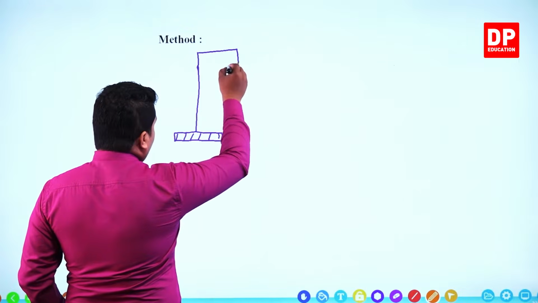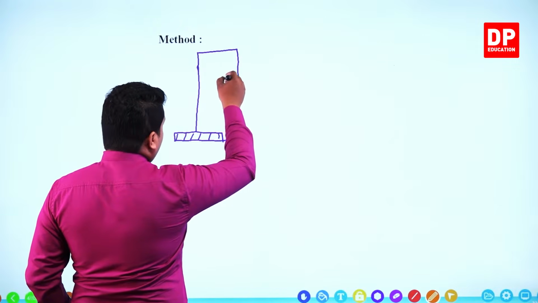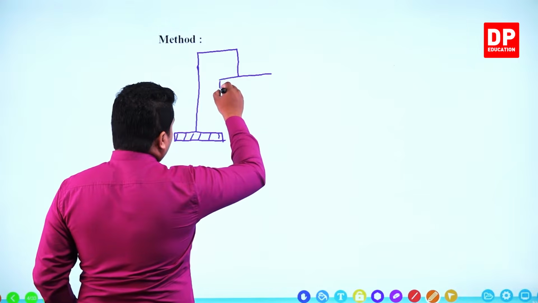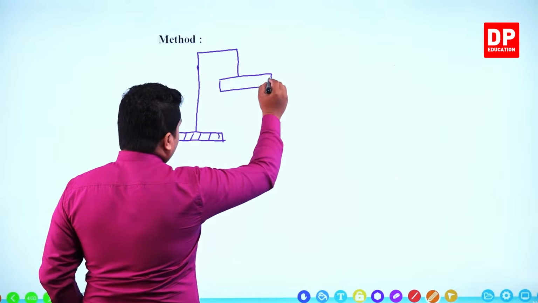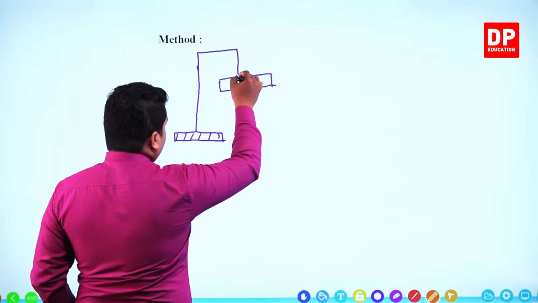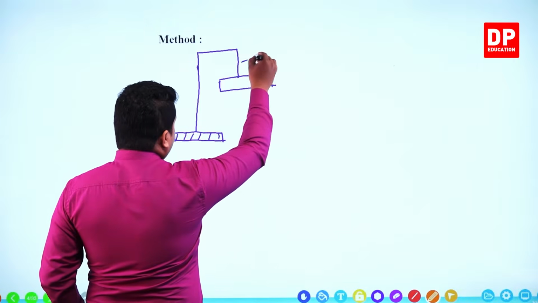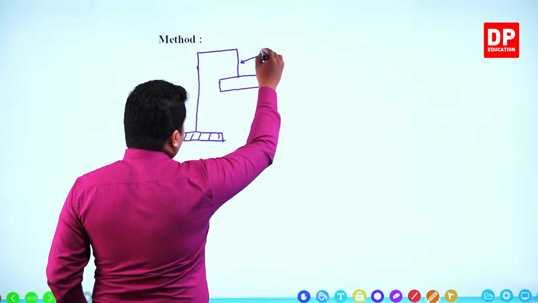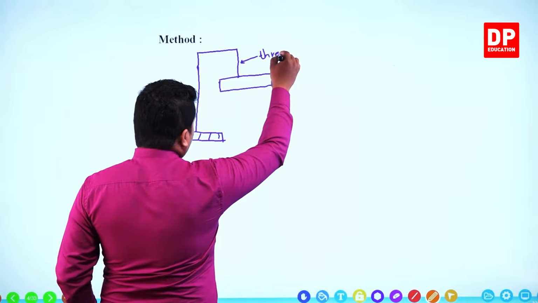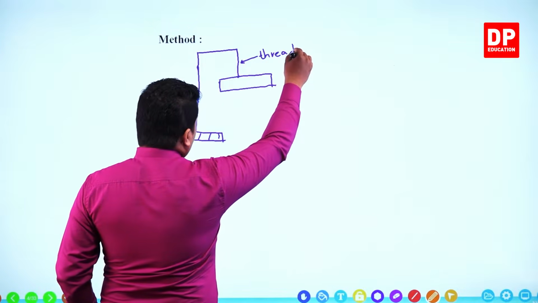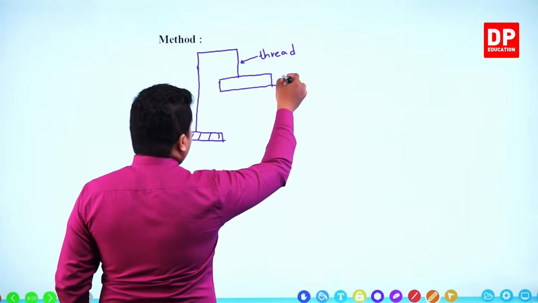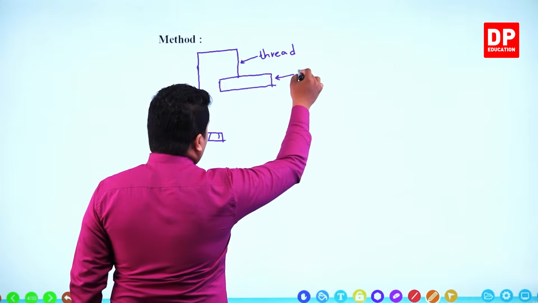Now first of all, we need to hang this magnet. So this is the thread. And this is the bar magnet.